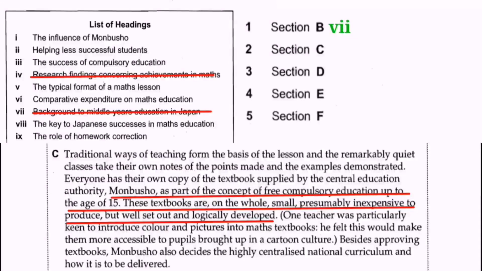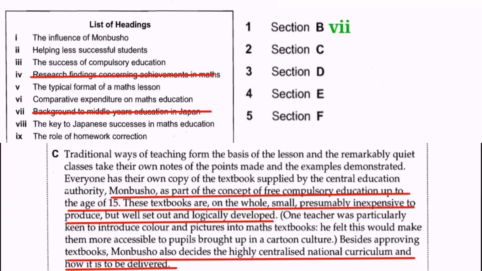And if we read the second last line of the section C, Monbusho also decides the highly centralized national curriculum and how it is to be delivered. It means Monbusho also has the authority to publish the national syllabus and give instructions how it has to be taught.